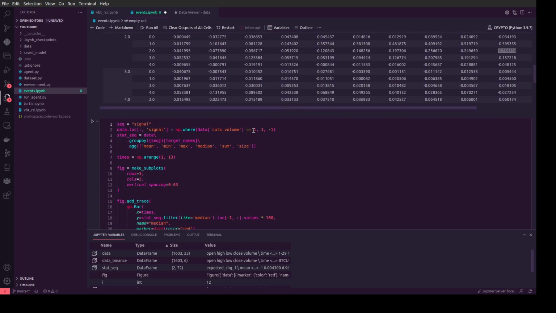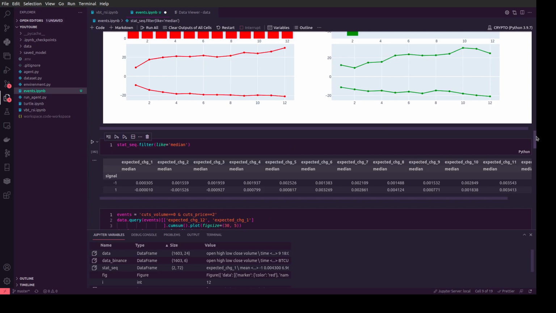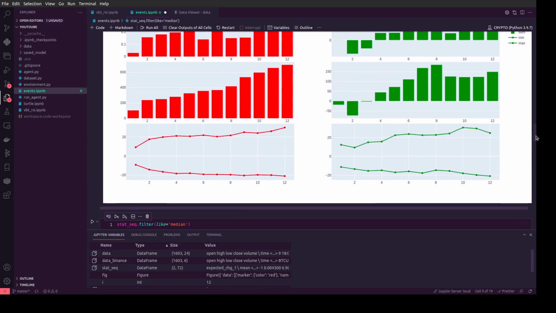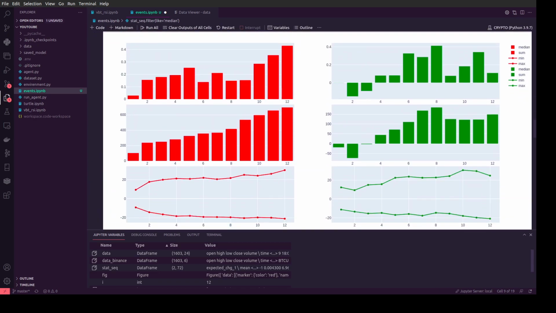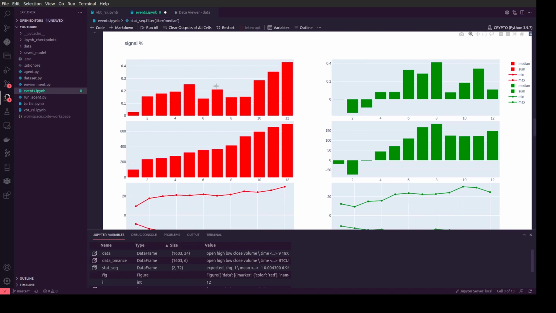Let's see what happens with these events. And you see signals for short and for buy, and we have a legend, and we see what happens over some bars.